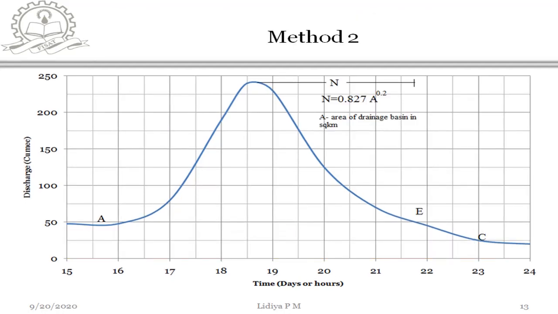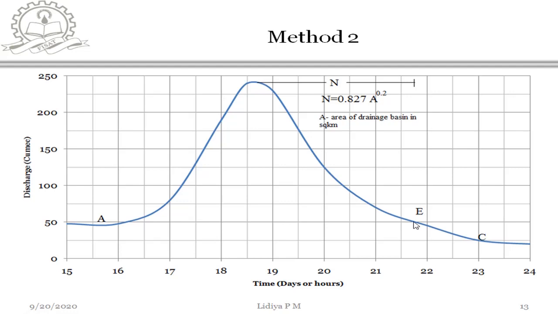Then method 2 for separating the base flow. In this one, first we fix the end point of the direct runoff using an empirical formula, that is N is equal to 0.827 A raised to 0.2, where N represents the number of days after the peak. We take this point as the end of the direct runoff.